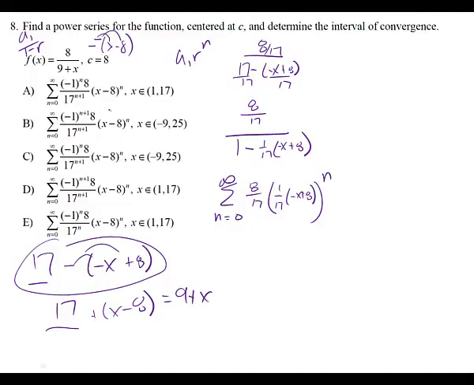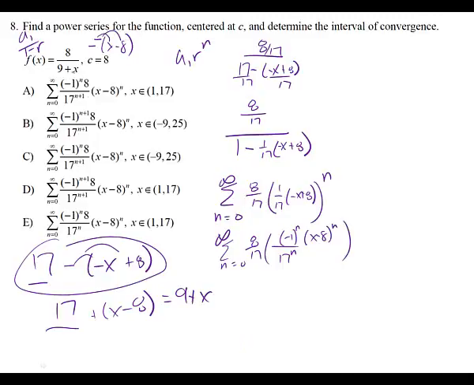But if you look, all of them have an x minus 8, not a negative 8 plus x. So I'm going to rewrite it again. I've got 8 over 17. I'm going to put that n on there, so I'm going to ignore that 1. I'm just going to put 17 to the n in the denominator. I'm going to take out a negative 1 and raise it to the n power, and I've got an x minus 8 to the n power.